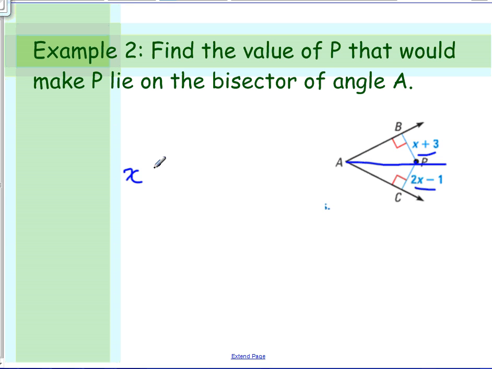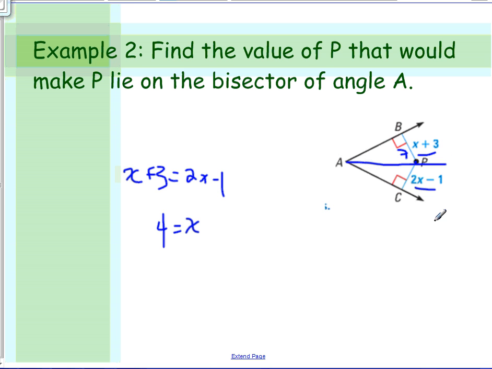We can make x plus 3 equals 2x minus 1. If I subtract x from both sides, I'll then have x equals, add 1 to both sides, 4. So x is going to equal 4. We can plug that back in. We'll do the easier one, x plus 3. So these sides are actually 7.